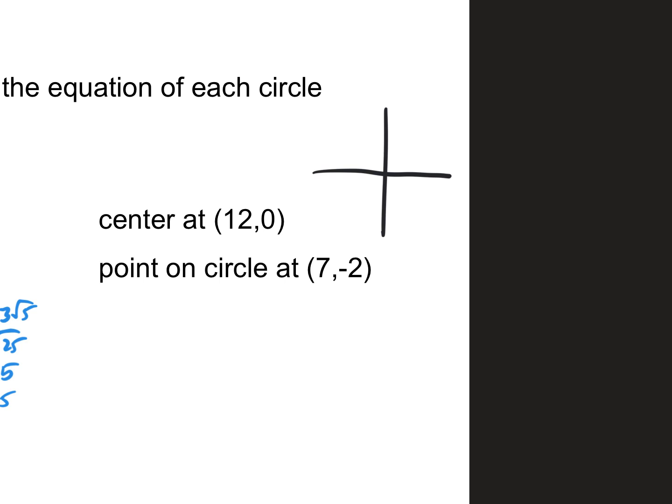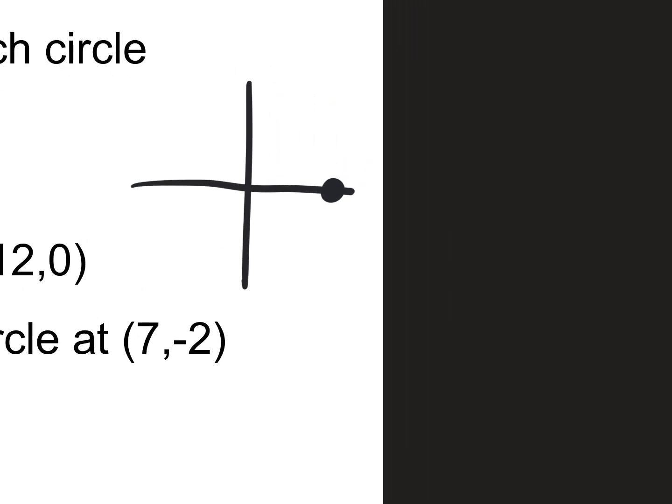If you had the center of the circle out here at 12, 0, and a point that is on the circle back here at 7, negative 2, that means your circle is something like this. Your center is there at 12, 0.